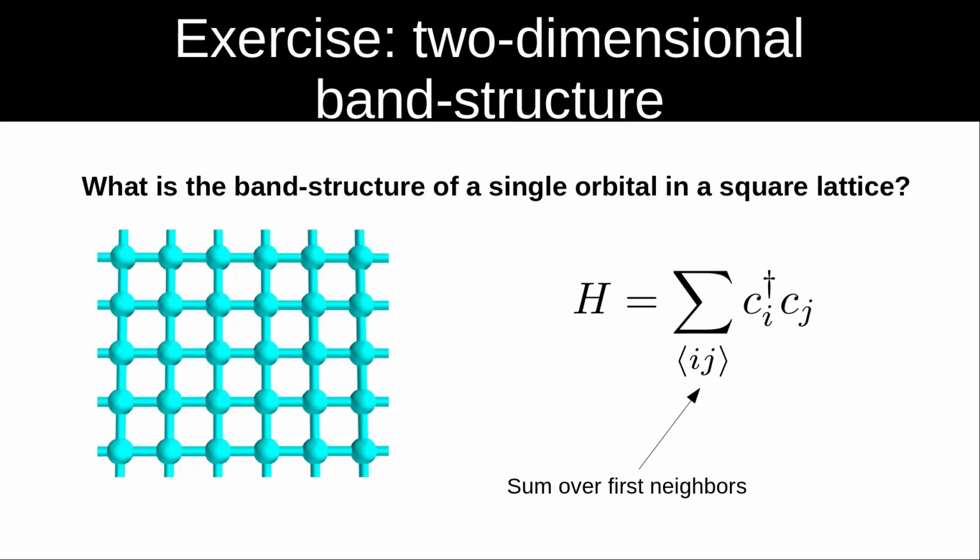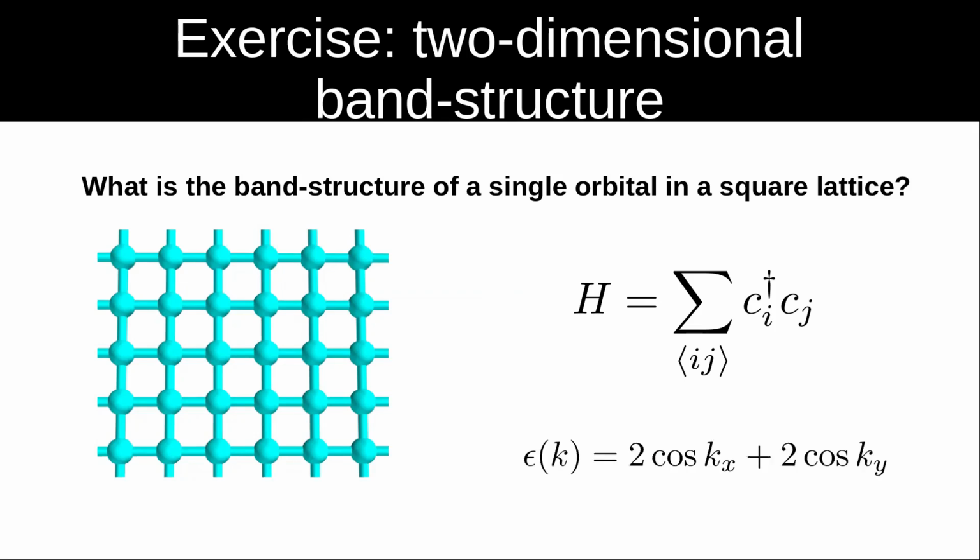The way this can be computed is just using the very same trick that we use for the one-dimensional system, but just twice, once for the x direction, once for the y direction. And if you do that, you will see that you are going to pick just two phases. You will pick the phase in the x direction once, and this will give rise to 2 times cosine of kx or phi x.